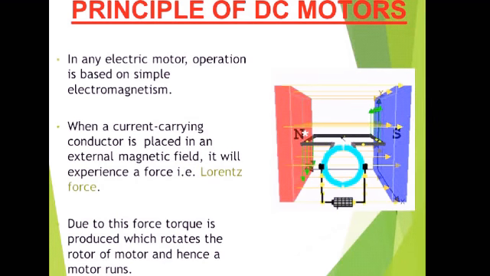Now we will discuss the principle of a DC motor. In an electrical motor, operation is based on a simple electromagnetic principle: when a current-carrying conductor is placed in an external magnetic field, generated or from a permanent magnet, it will experience a force, and this force is known as the Lorentz force.